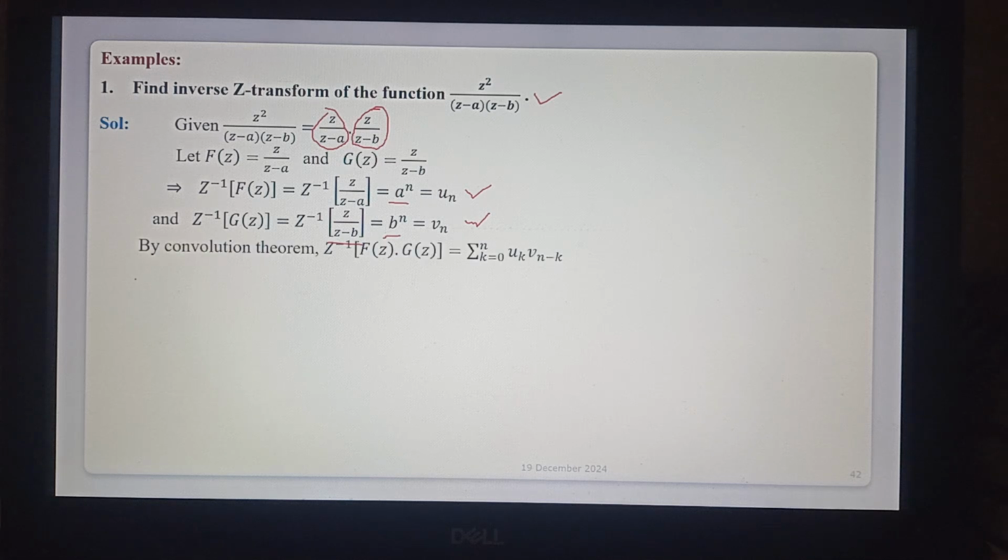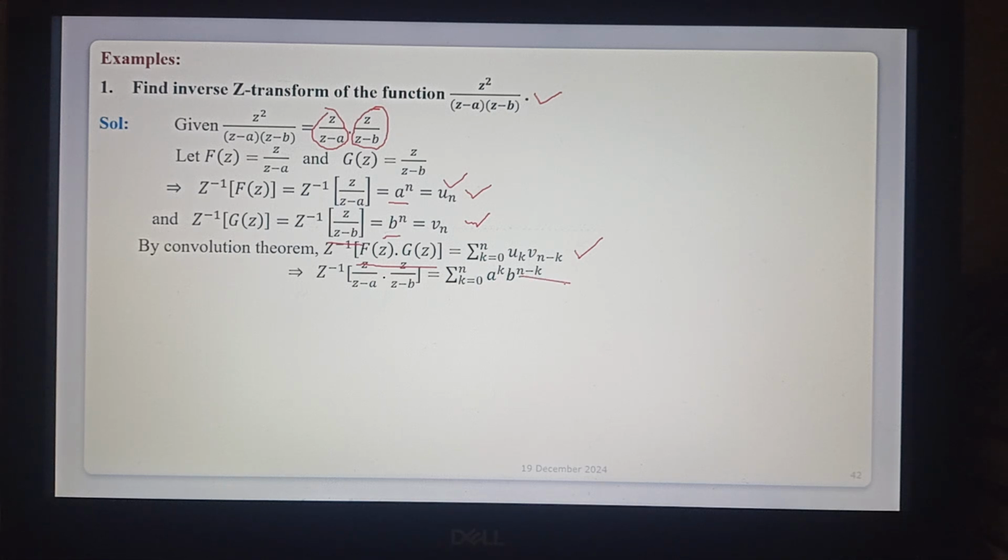By the convolution theorem formula, Z inverse of F of z into G of z is equal to summation k equals 0 to n of uk into vn minus k. Substituting, Z inverse of z by z minus a into z by z minus b is equal to summation k equals 0 to n of a power k into b power n minus k.